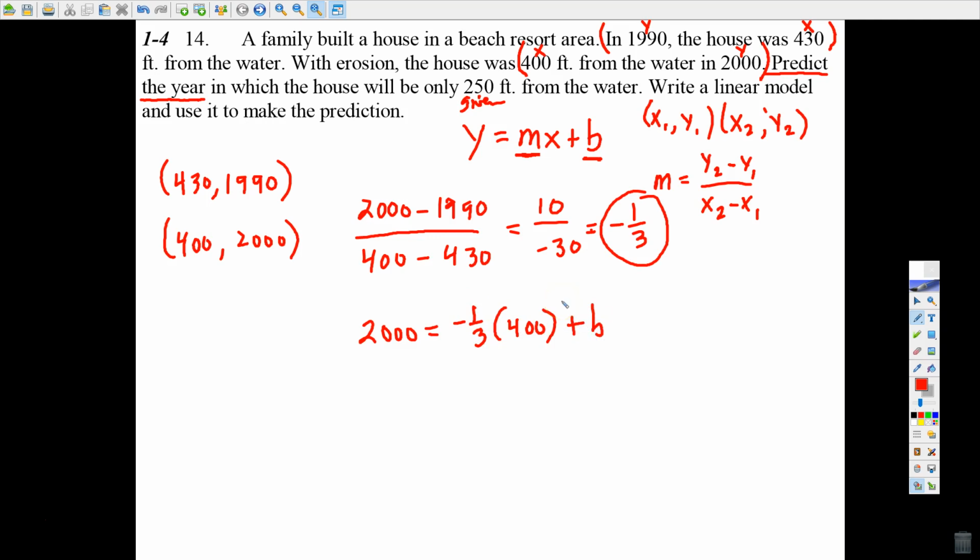All right, and for this one you might want your calculator. So when we do, we'll just change this to decimal. We're basically saying 400 divided by negative 3, and that's negative 133.33 repeating. I'll just round it off to 2 decimal places.